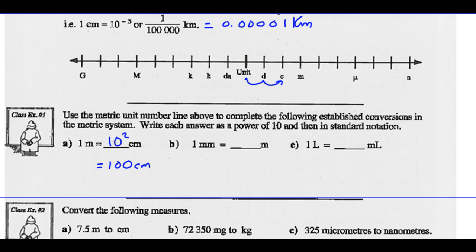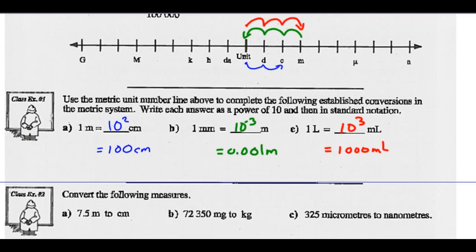If I want to do millimeters to meters, I go from millimeters right here to my base unit of meters. So I'm moving 3 that direction, so that's 10 to the negative 3, or 0.001 meters. And if we're looking at liters to milliliters, I would start here and go from liters to milliliters. That's 3 motions that way. So that's 10 cubed, or 1,000 milliliters.